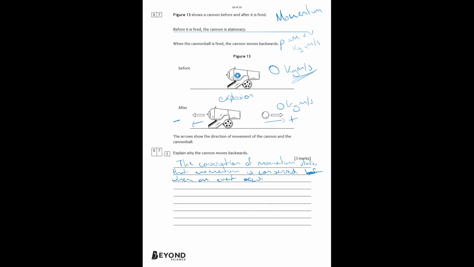In this case, this is the explosion of the cannon, the cannonball and the cannon moving off in either direction. Before the explosion, the total momentum of cannon and ball is 0 kilogram meters per second.